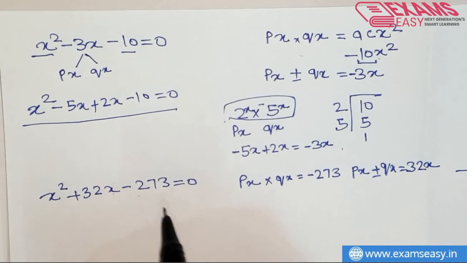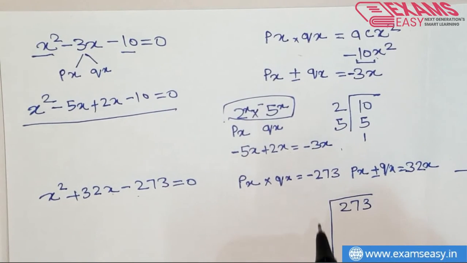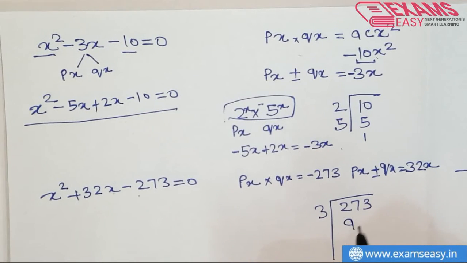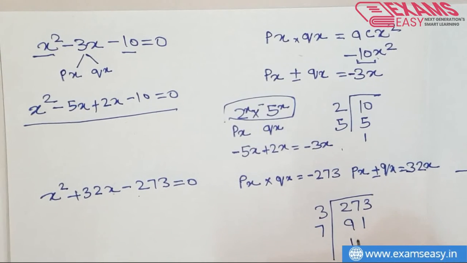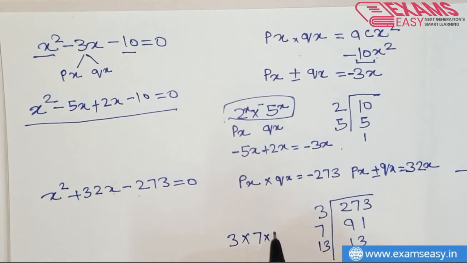So let us take the LCM of 273. 3, 91, 7, 13, 13, 1. So we have got 3 digits, that is 3 into 7 into 13.